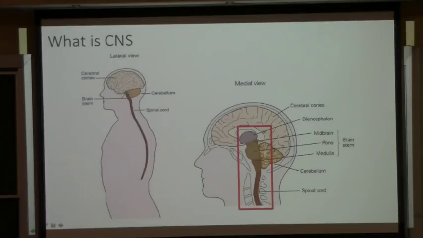There will be a diencephalon, and then it is connected to the whole brainstem. The brainstem is composed of 3 parts: the midbrain, pons, and medulla. And also there is a cerebellum after the brainstem, and then it is connected to the spinal cord.